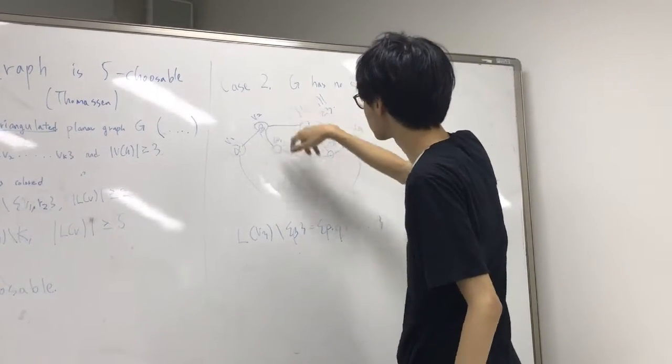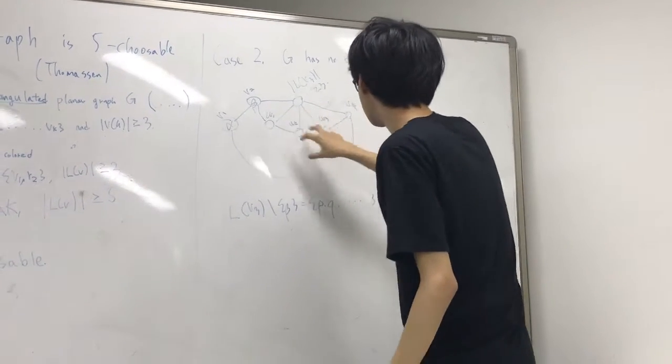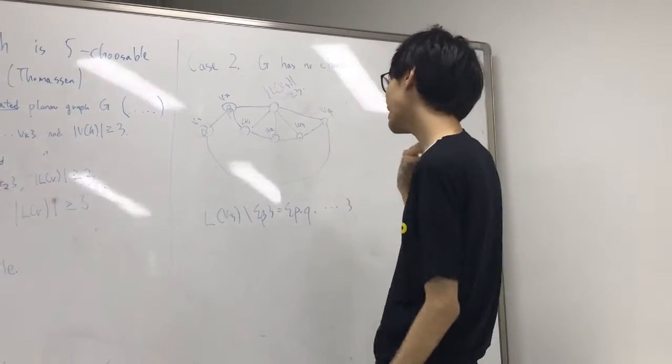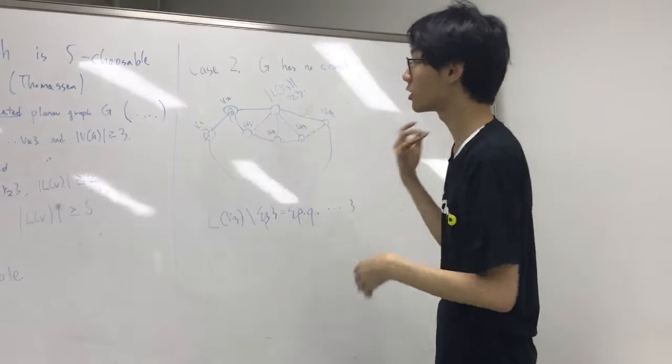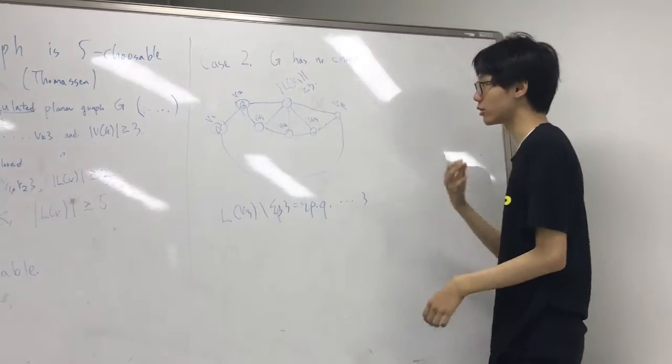So V2 is adjacent to W1, W1 is adjacent to W2, W2 is adjacent to W3, and W3 is adjacent to V4. Then if we remove V3, they will form a proper nearly triangulated planar graph. So we will do it like this.